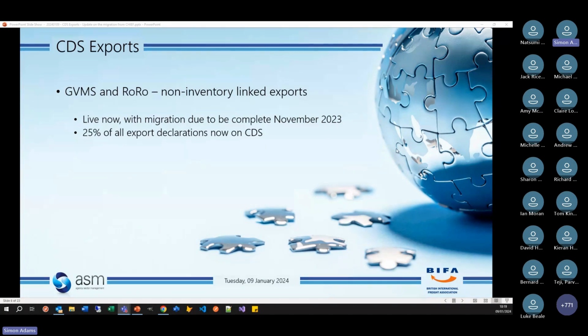These are all non-inventory linked ones, all that go through GVMS controlled locations. And they're the ones that are typically declared as arrived, EXA in box 1 or data element 1.1, 1.2, depending on how you look at things.